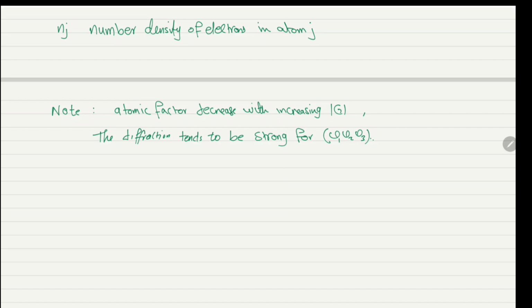Now let's find the structure factor for the cesium chloride structure. As we remember, cesium chloride is a simple cubic crystal, although it looks like BCC, but it is a simple cubic crystal. In this case, the atomic positions for cesium and chloride are as follows.